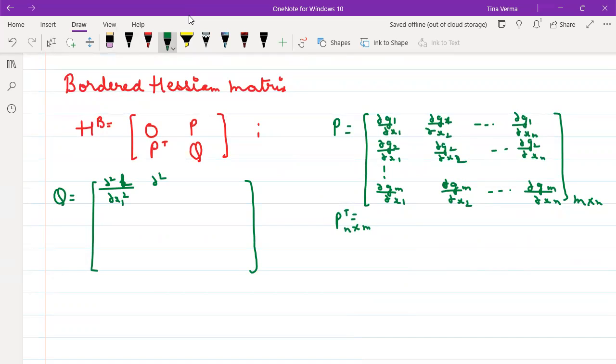Now our function is the Lagrange function L. So that will be ∂²L/∂x1∂x2, ∂²L/∂x1∂xn, and so on, ∂²L/∂xn∂x1. ∂²L only for the variables, not for the lambdas, right?